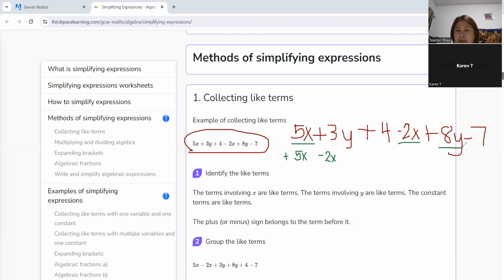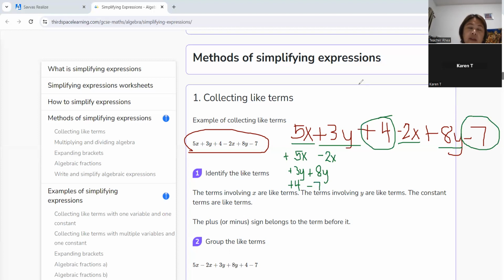Yes, positive 3y and positive 8y. And 4 and 7, positive 4 and negative 7. Again, do not forget the sign.